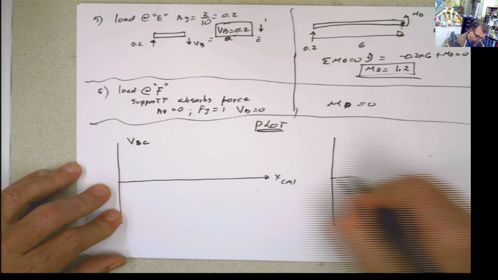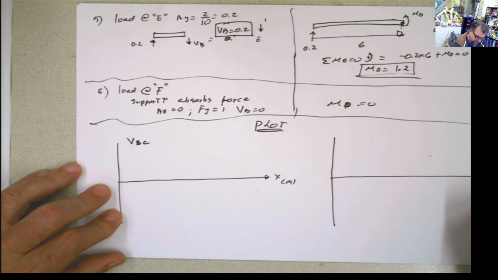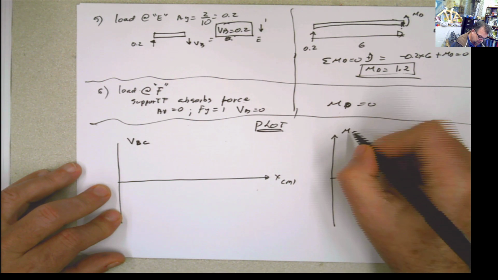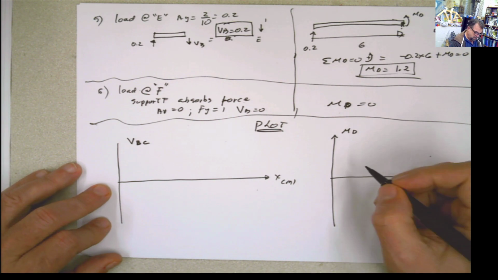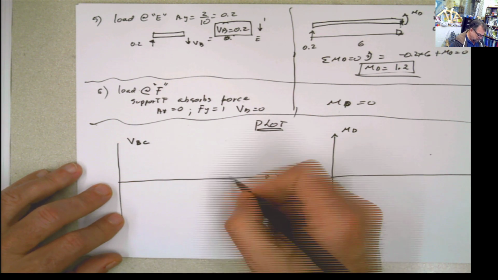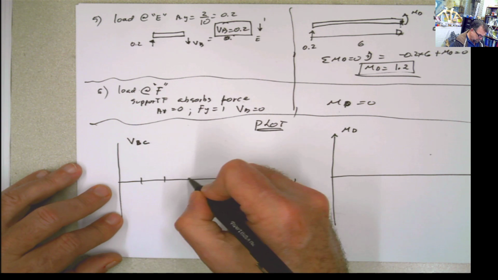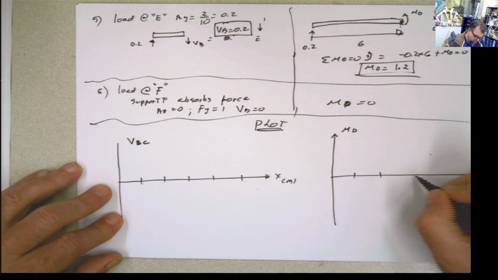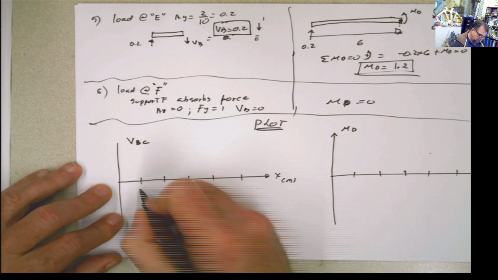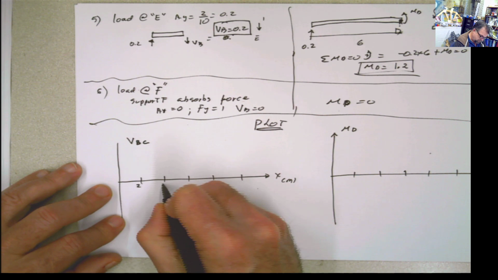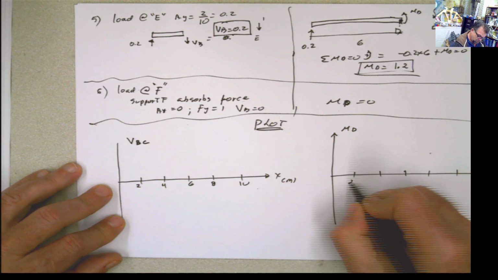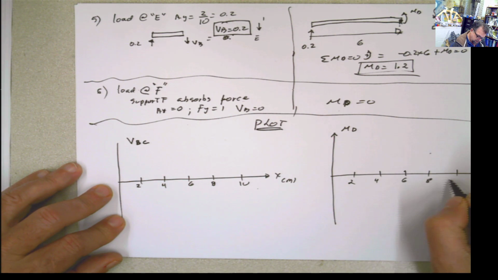And then same thing: this is X in meters, and this is going to be the moment at D. The maximum is 10, so it's going to be 2, 4, 6, 8, 10 meters, of course.